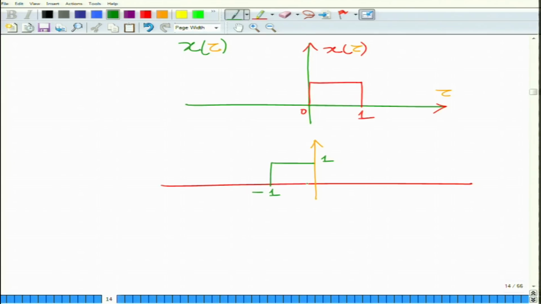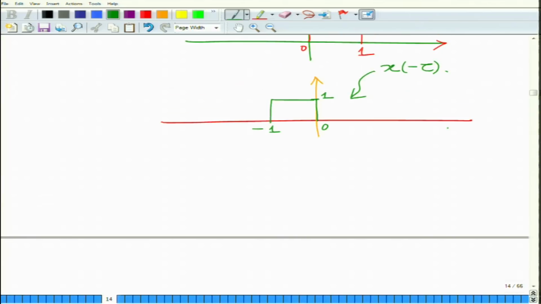So, this will be a pulse of height 1 between minus 1 and 0. So, this is your x of minus tau, and x of t minus tau will be a delayed version of this by t.